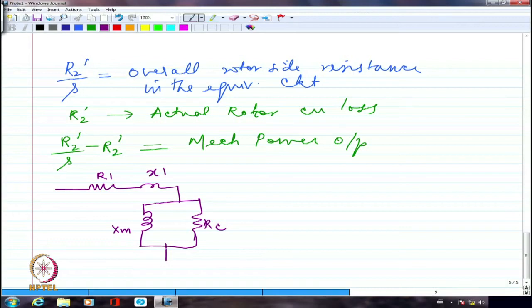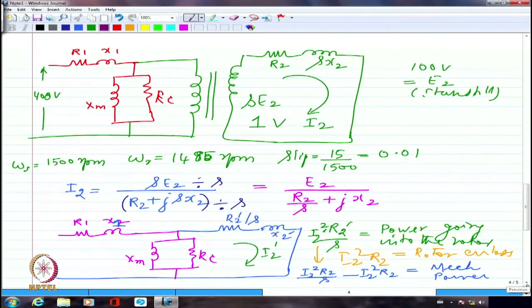The total power that had come in was basically R2 dash by S multiplied by I2 dash square. I can write it as I2 dash square R2 dash by S or I2 square R2 by S, because power is invariant. Whether I am looking at it from the primary side or secondary side, power is invariant. It is not going to change.